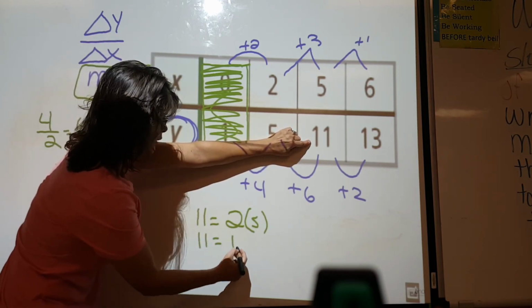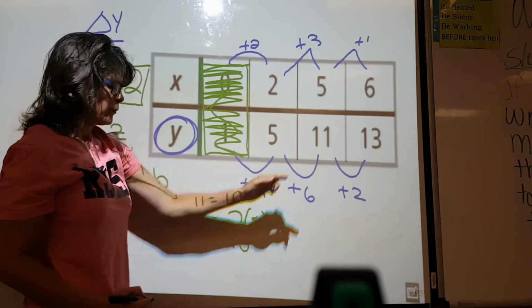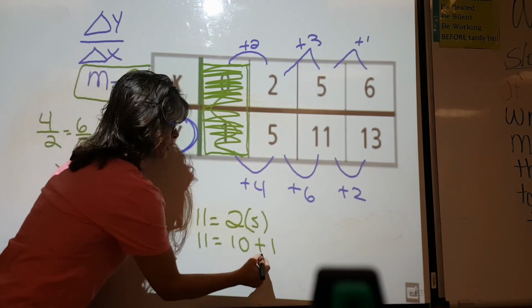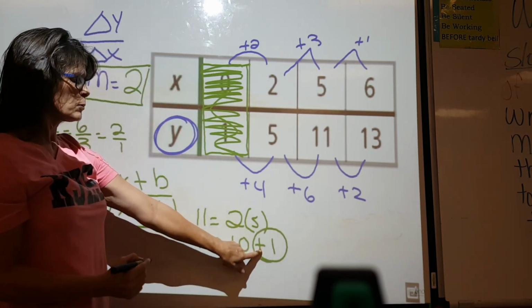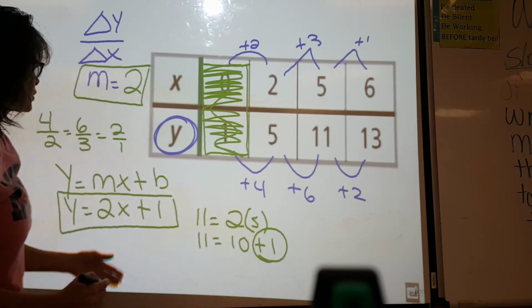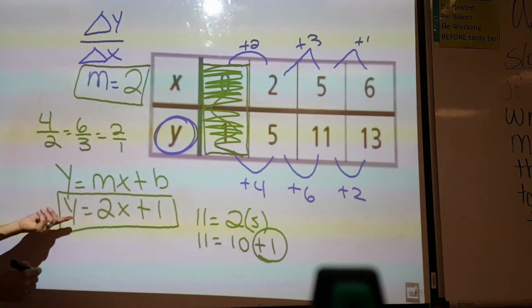So 11 equals 10? No. But what would I do to make it be 10? I would add 1. Whatever you add or subtract is your y-intercept. That is what goes at the end of your equation. So again, y equals 2x plus 1.